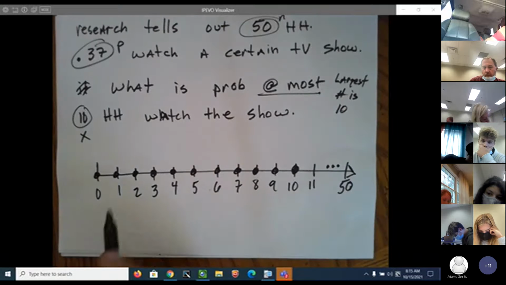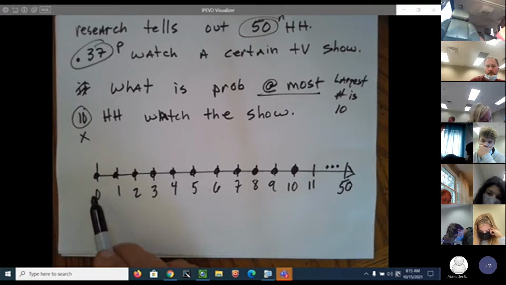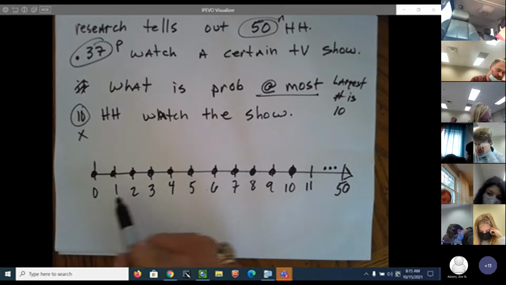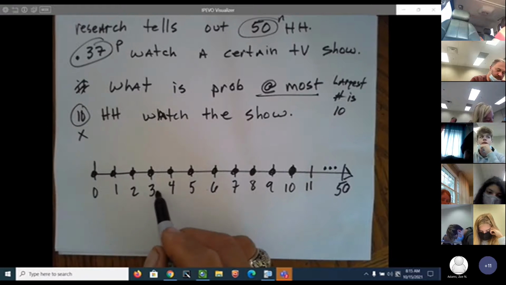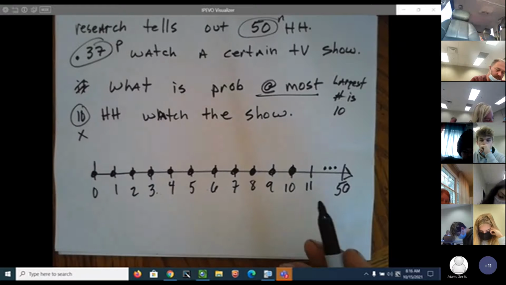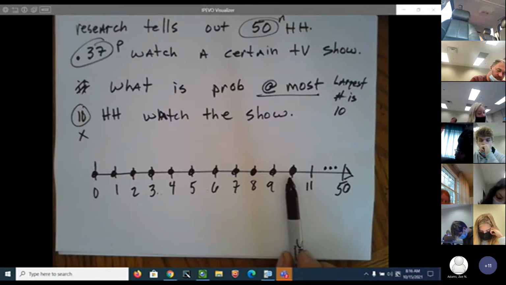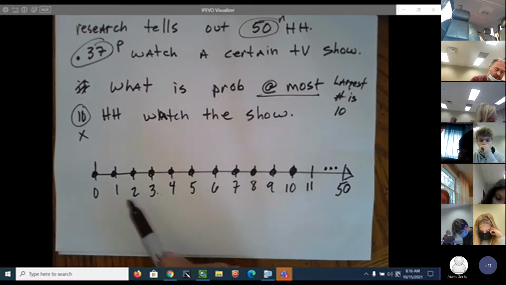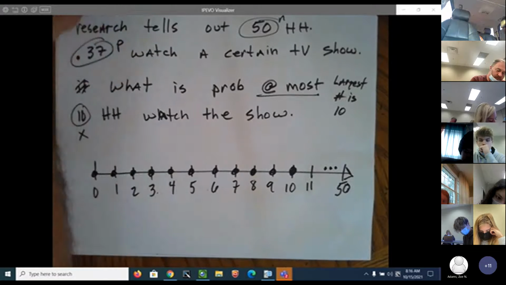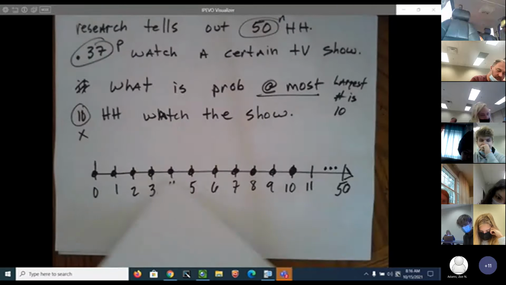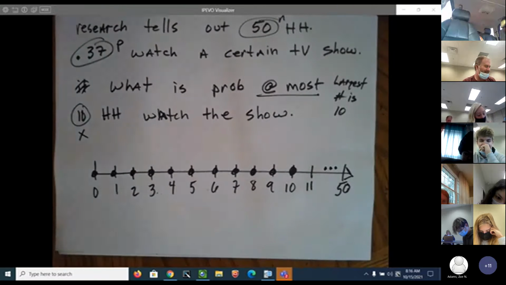So we can do it two ways. We can add each one of these up, NP0 plus NP1 in your calculator, plus NP2 plus NP3. We can do it that way, or we can do a cumulative up to 10. So we're going to do a cumulative because I can't even get y'all to print these out. You think I'm going to get y'all to add each one of these up?